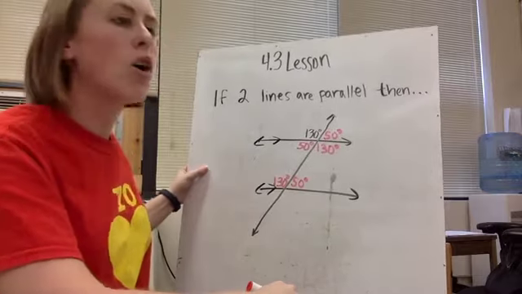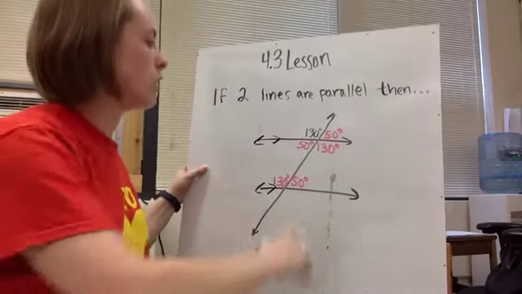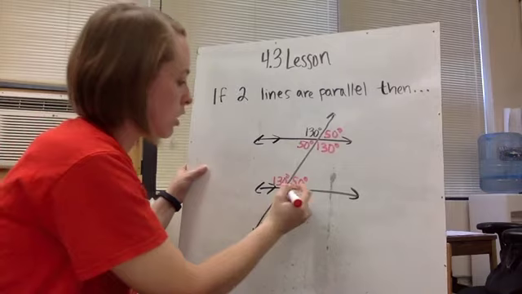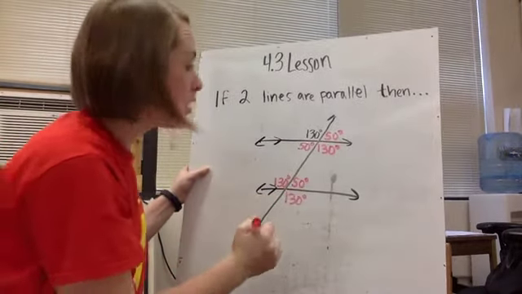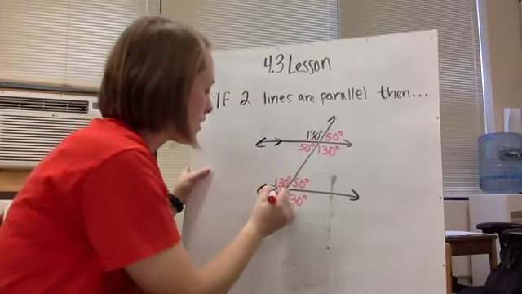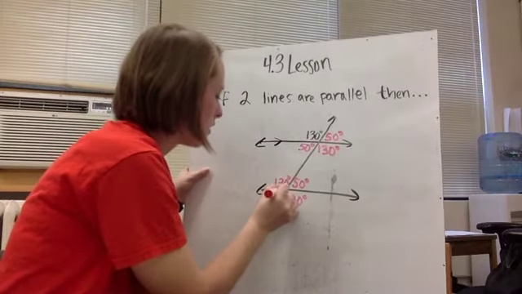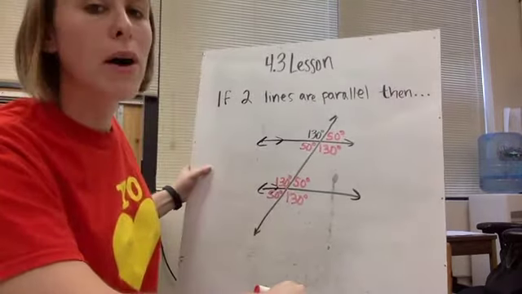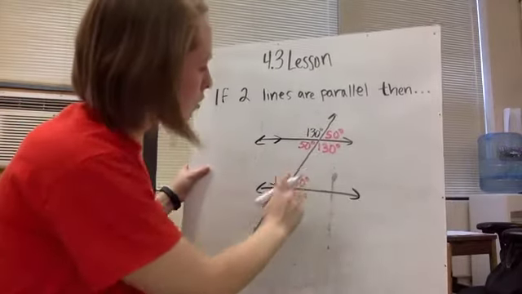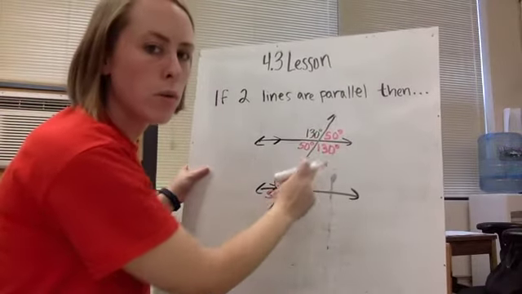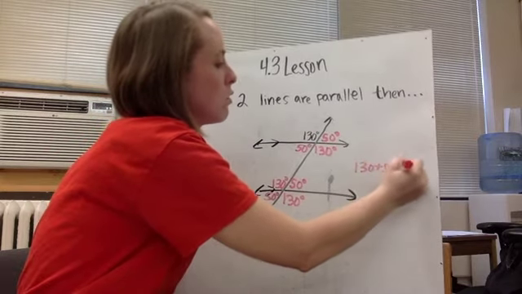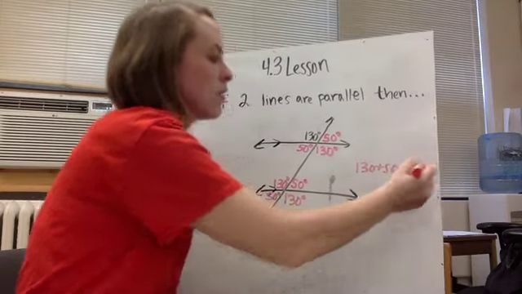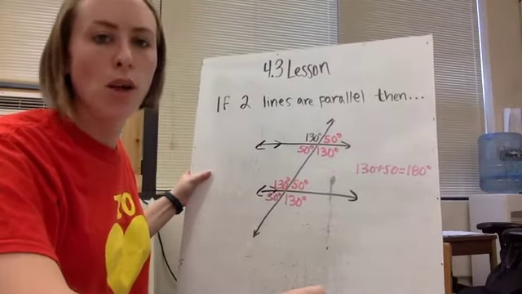We also learned that alternate exterior angles are congruent. The 130 and the 130 degrees are alternate exterior angles. And the 50 means that this would also have to be 50 degrees. The last rule we learned was about consecutive interior angles. The two inside have to add to equal 180, which we can see because 130 plus 50 equals 180 degrees. And this is how it will always work.